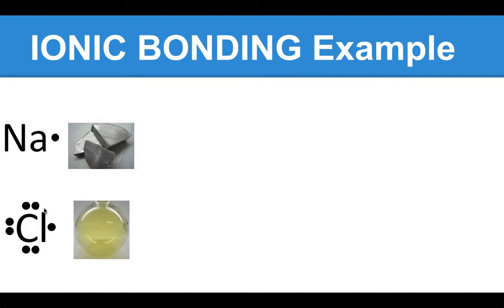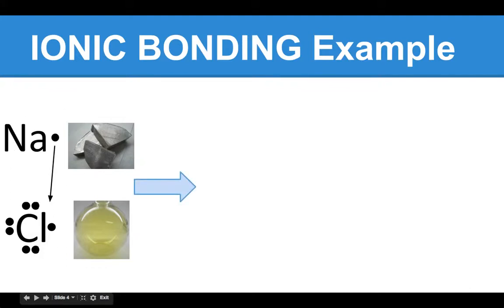It's got more protons than the sodium, and so because of that, it's going to be pulling a little bit more. They're both in the same period, so based on how trends work, chlorine will be more electronegative. So this electron in sodium is going to leave the sodium element and form that octet. So chlorine will now have 8 electrons and be more stable. And then sodium will also have 8 electrons in its outer shell and be more stable.